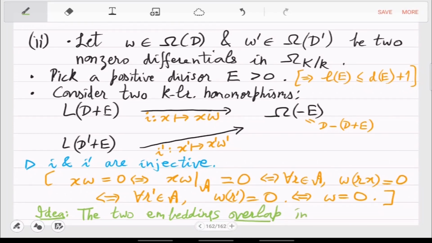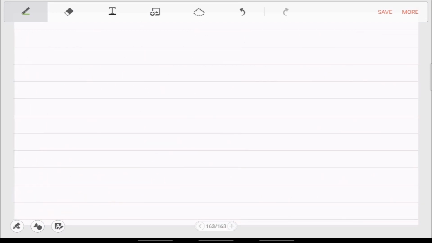They overlap in omega minus E, and then we will be done, because that will give us x and x prime such that x omega is equal to x prime omega prime. Is that clear?